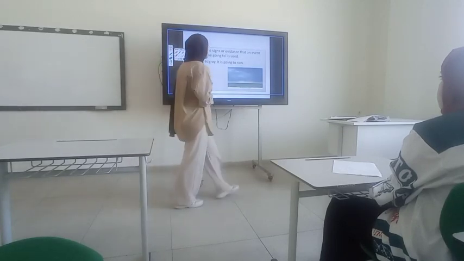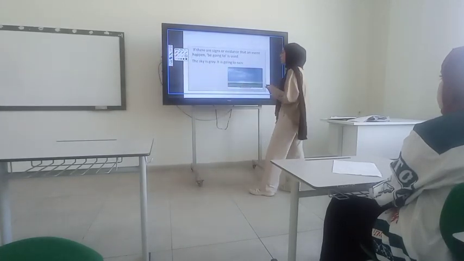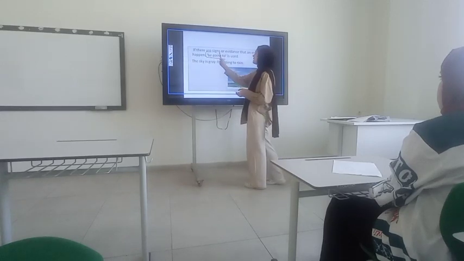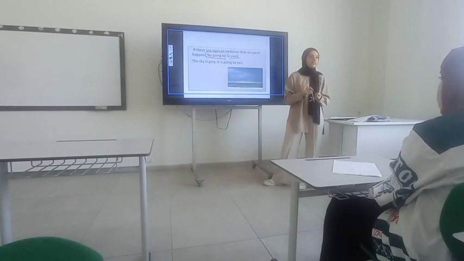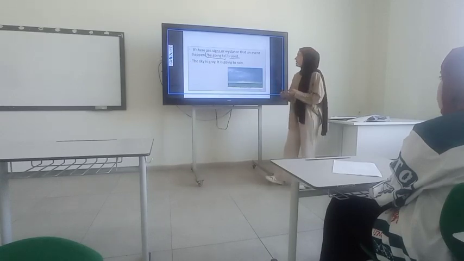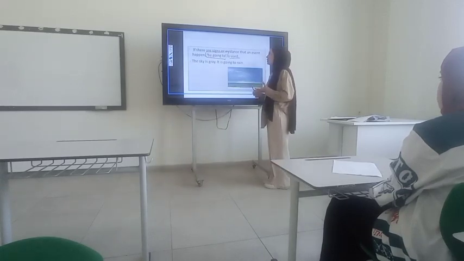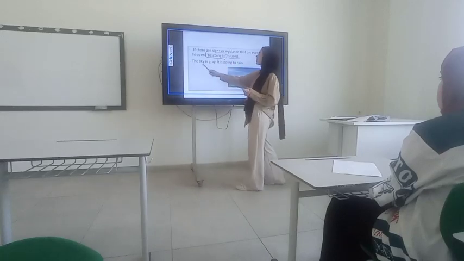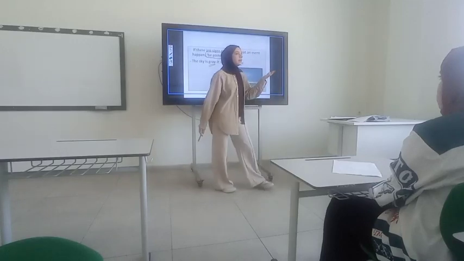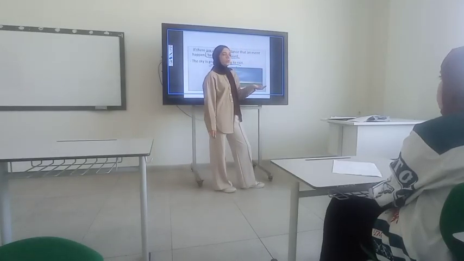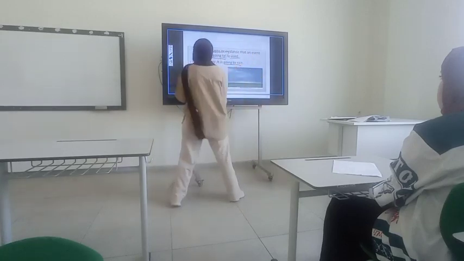If there are signs or evidence that an event will happen, be going to is used. If you don't have signs or evidence, you are going to use will. The sky is gray, it's going to rain. You look at the sky and you see the sky is gray or black and you say, oh my god, it's going to rain.